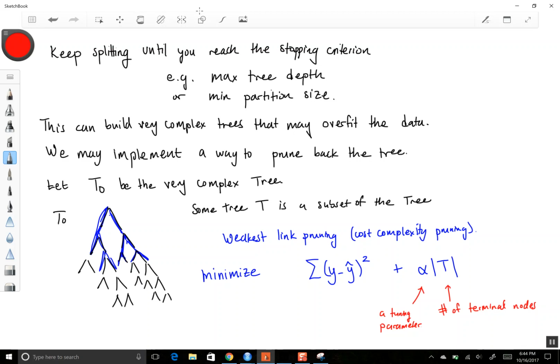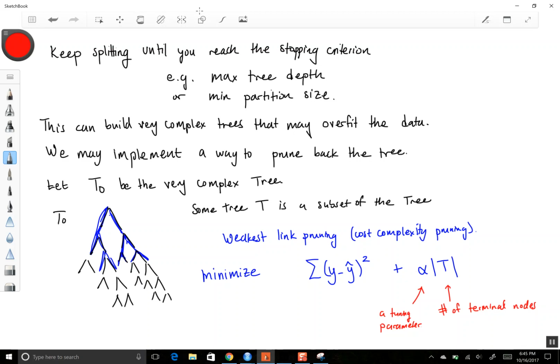If this number is really big, every time you add a terminal node, it's going to add a lot. Therefore, the drop in RSS has to be fairly significant to outweigh the cost of adding an additional terminal node.